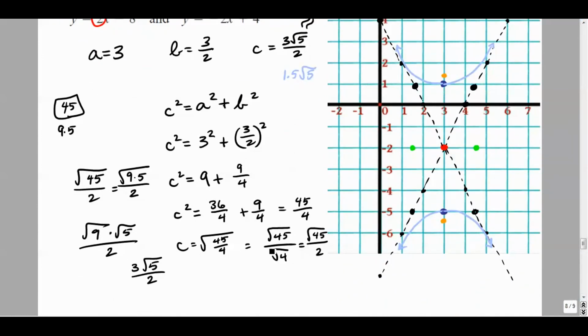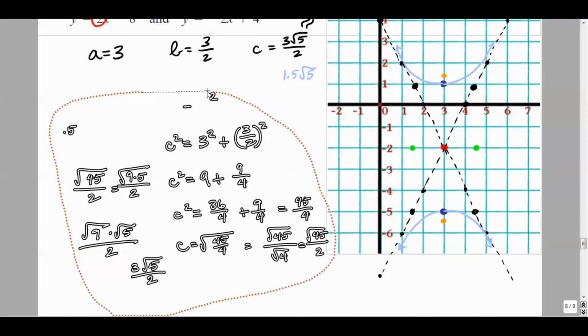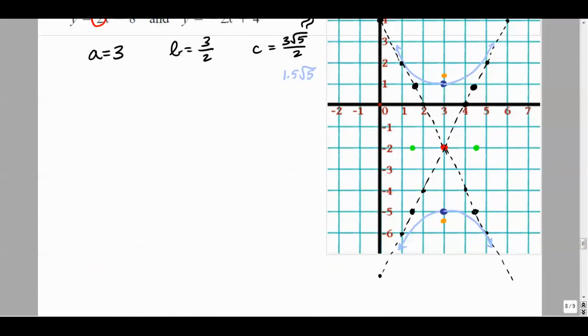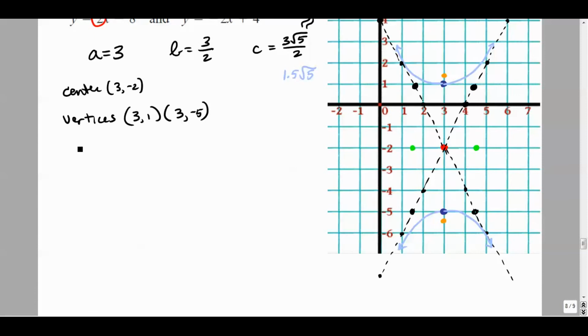But the center is, let me get rid of all this stuff. The center is, let's see, what do we say, 3, -2. So I'll write that down. The center is 3, -2. The vertices, I think we were given the vertices, 3, 1, and 3, -5. The foci are actually at 3, and then -2 plus 3 radical 5 over 2.